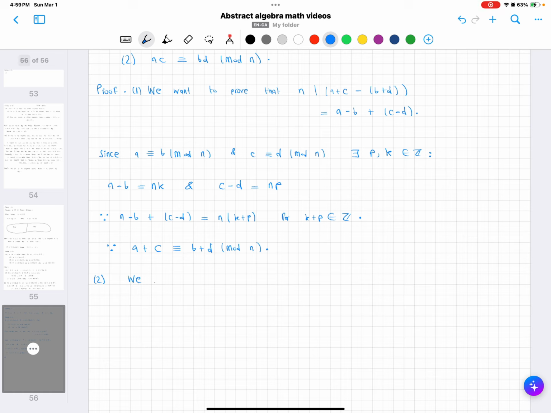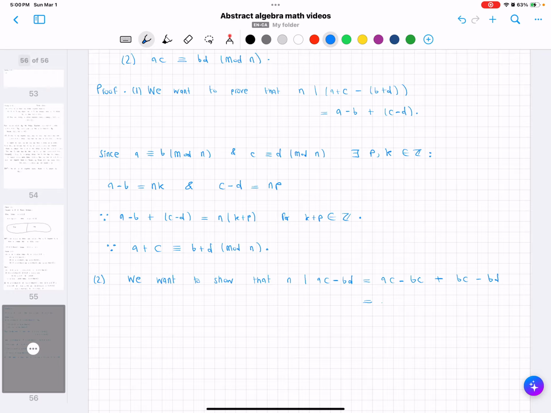So we want to show that n divides AC minus BD, which is the same thing as AC minus BC plus BC minus BD. We just added a clever 0. That's it.